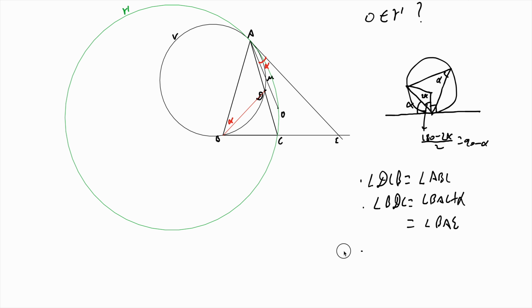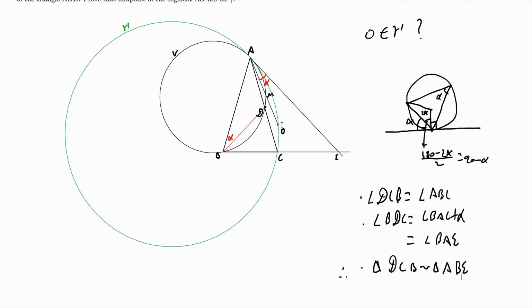Therefore, triangle DCB is similar to triangle ABE because these two angles and these two angles are the same. So we know that they're similar to each other.